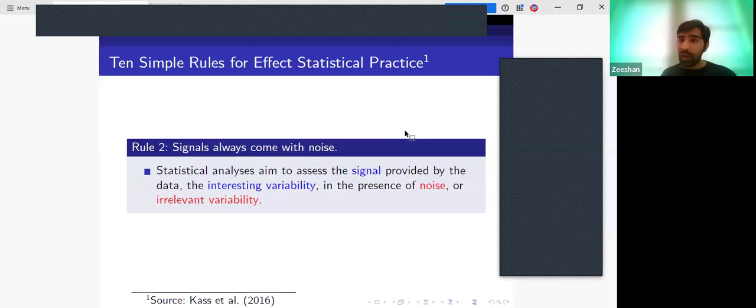The second thing is that one of the main goals of statistics is to deal with variability. Variability could be good for us. For instance, if we want to explain the variation in a response, we would love to have predictors that have some variability.